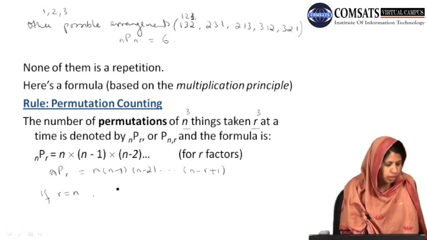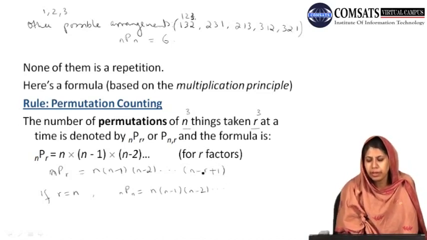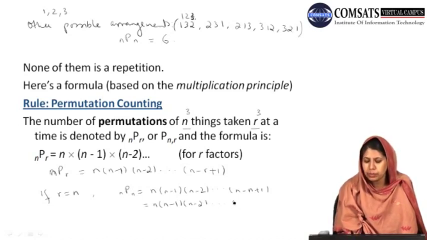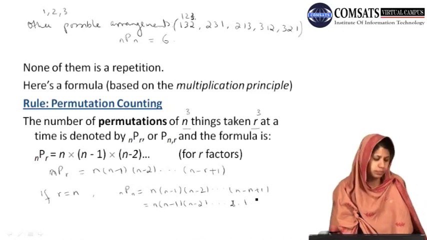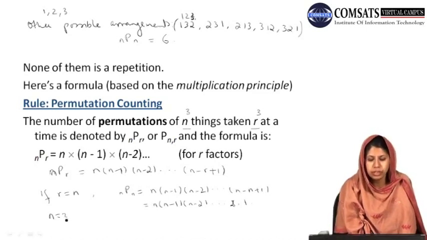If n is equal to r, then our formula reduces to nPn, which is equal to n into n minus 1 into n minus 2, and replacing r by n we obtain n minus n plus 1, which is nothing but n into n minus 1 into n minus 2, continuing up to 2 into 1. So in this particular example, n, that is the number of items, is 3.